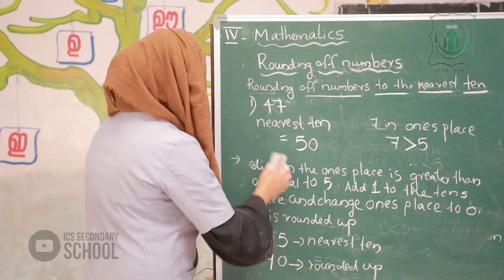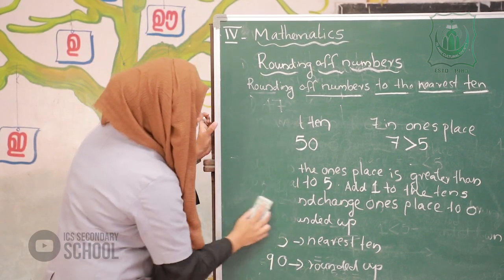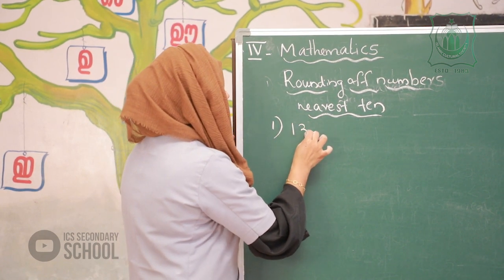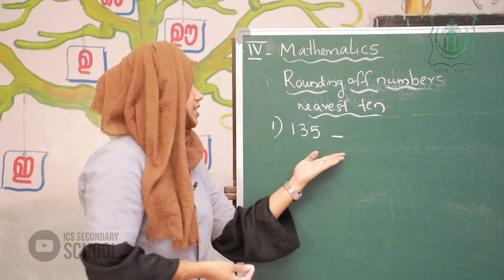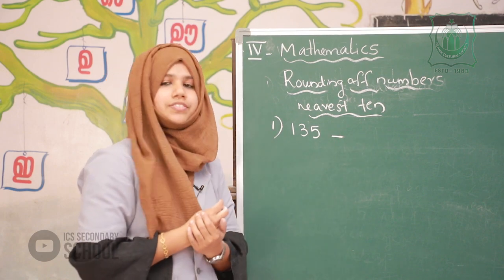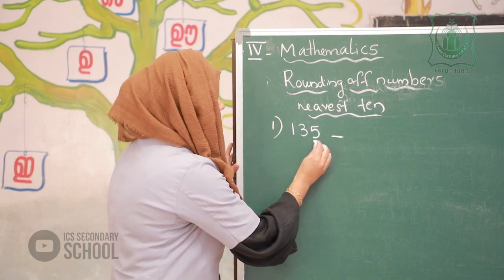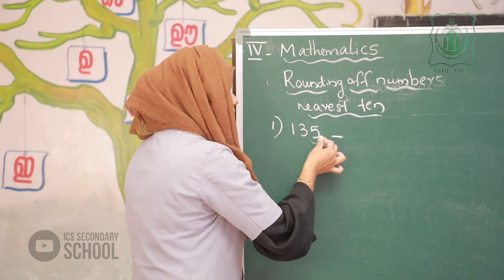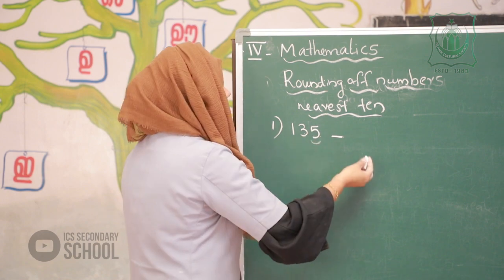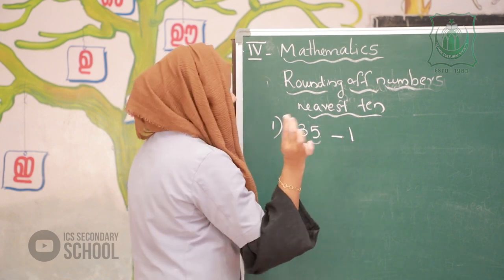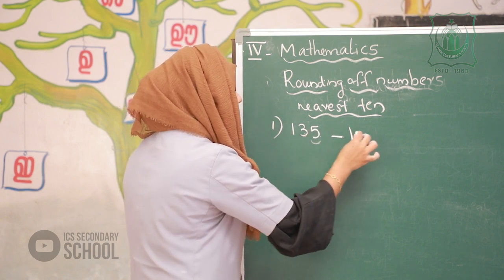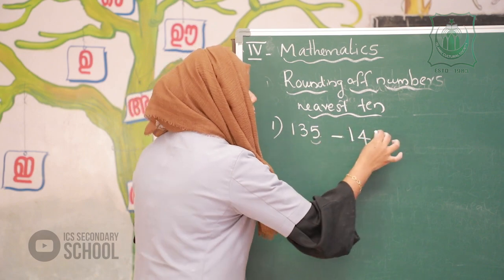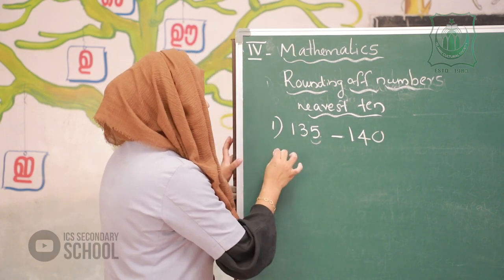We have more examples. 135. Which is the nearest 10 of 135? Ones place is 5, so add 1 to the tens number. 1 we write as 1, then add 1 to the 3, we get 4, and change the ones place to 0.